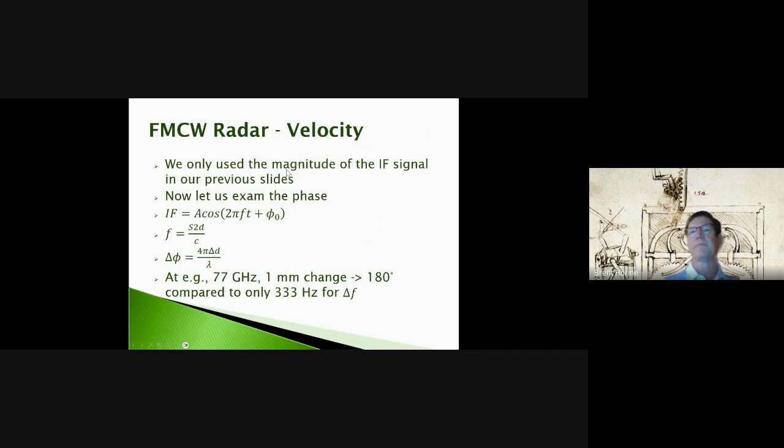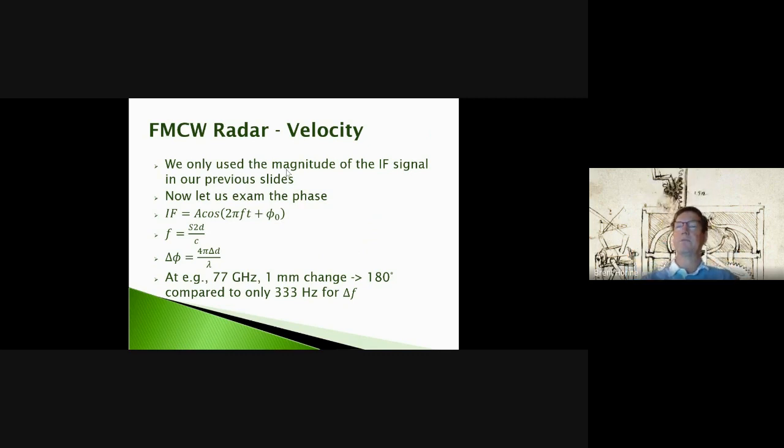First, let's understand that you may have caught that I only use the magnitude of the IF signal in our previous slides. But we know that if we take a Fourier transform of a real signal, we will end up with a complex result in the spectrum domain.